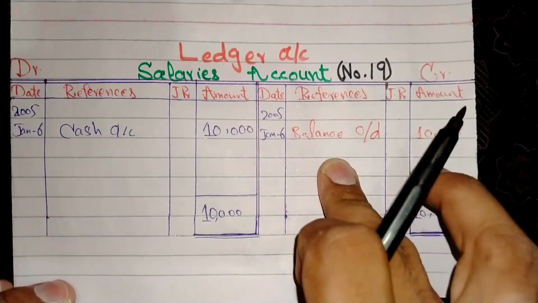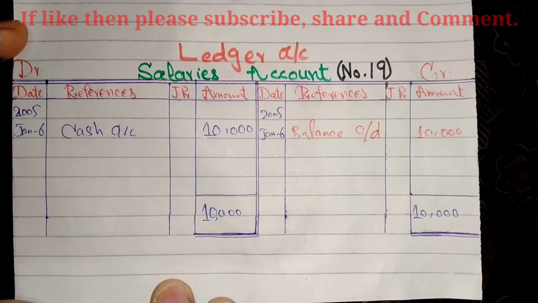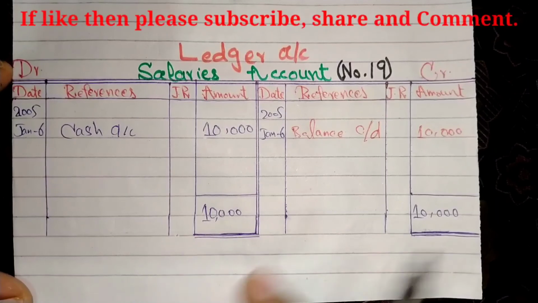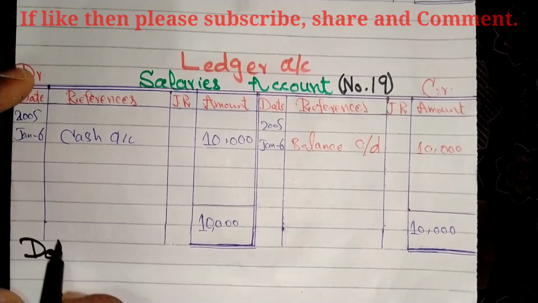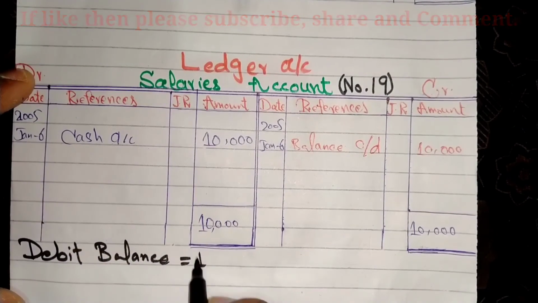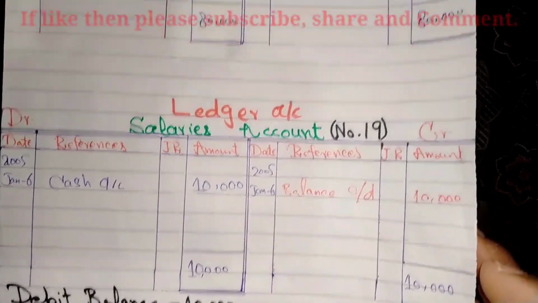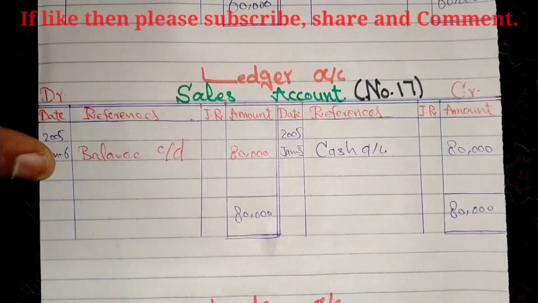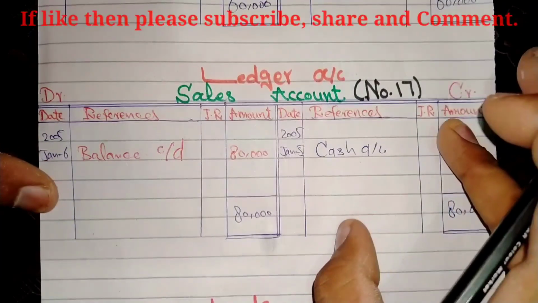We have the balance carry forward on the opposite side, or another concept is that we have the heavier sided balance, which is the debit side. So we have a debit balance of the ledger of the salaries account, 10,000 rupees. When we talk about the ledger account of the sales account, we will write the credit balance here because the credit side is heavier than the debit side.